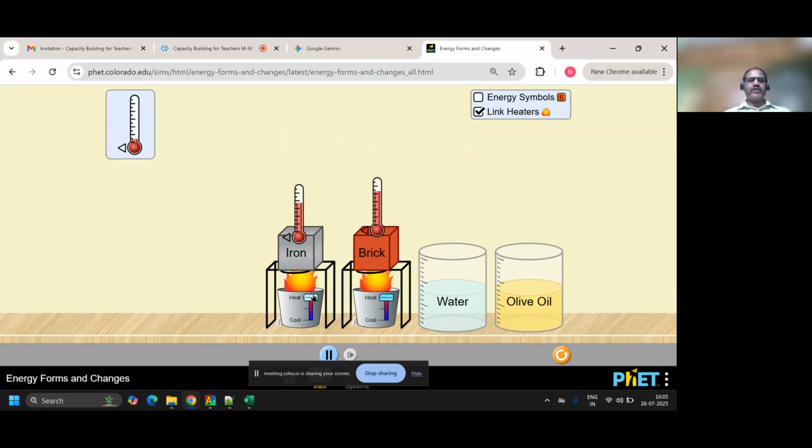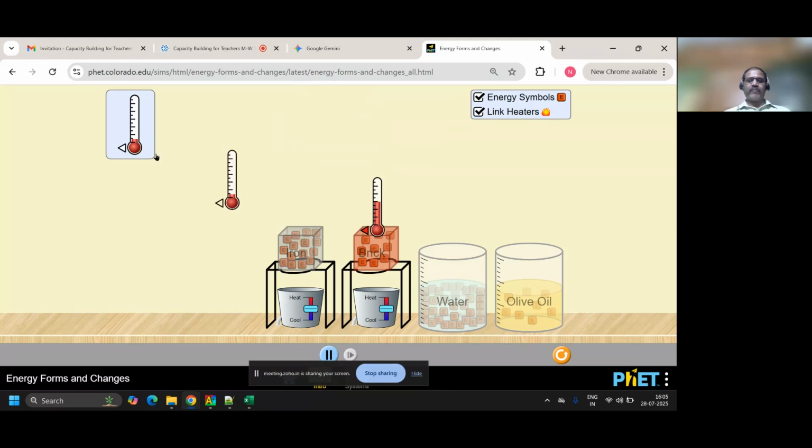Now you can see the temperature rising. Now I put the energy symbols here. When the heat happens, it absorbs the heat, and the heat energy doesn't change. It conducts the heat, it emits the heat. That's all. There is not much change in that.